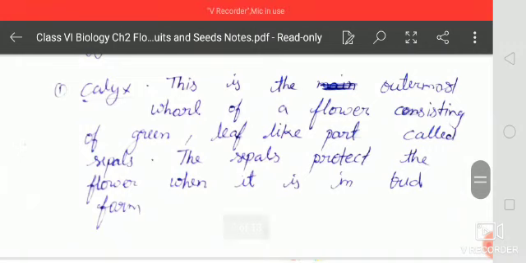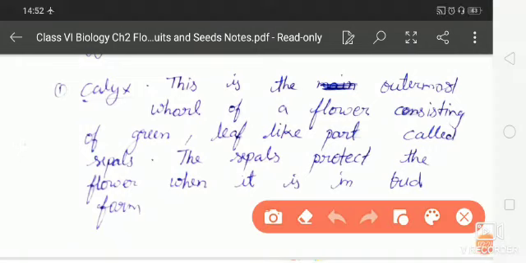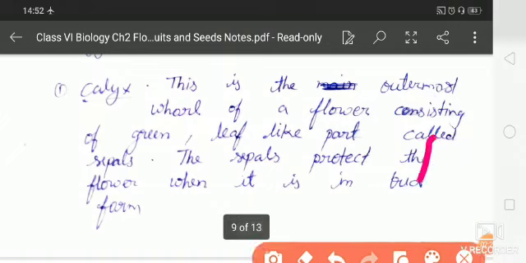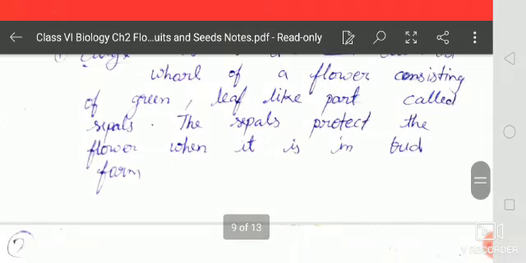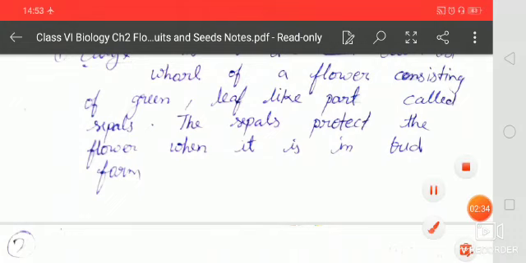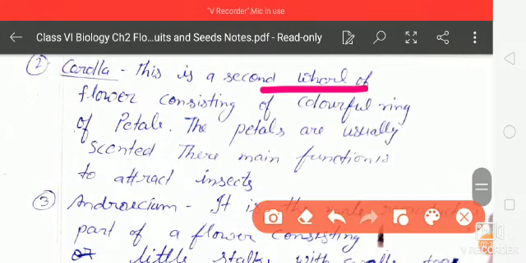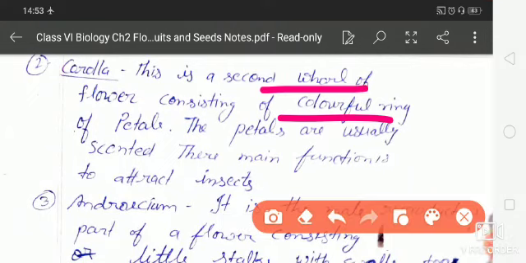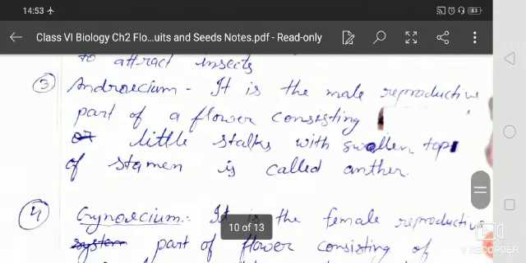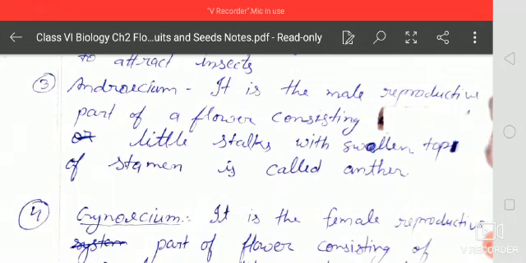This calyx is the outermost whorl and it is almost green in color. It is also called the sepals, and sepals protect the flower when it is in bud form. And the corolla is the second whorl, consisting of a colorful ring of petals. Its main function is to attract insects, and androecium is the male reproductive part.